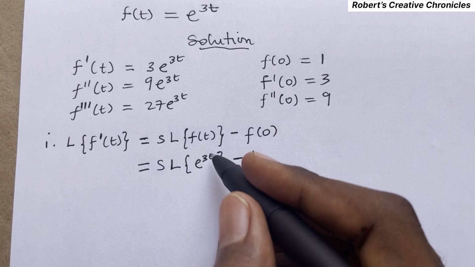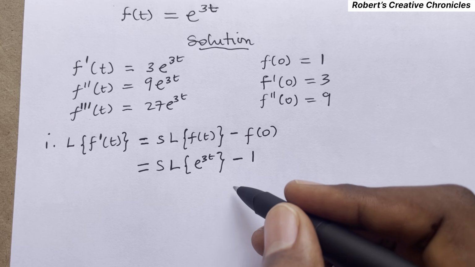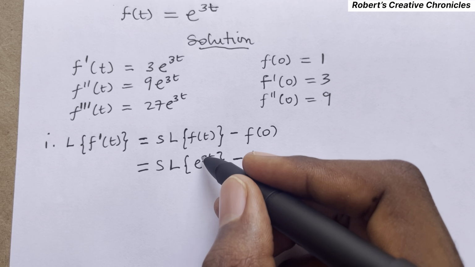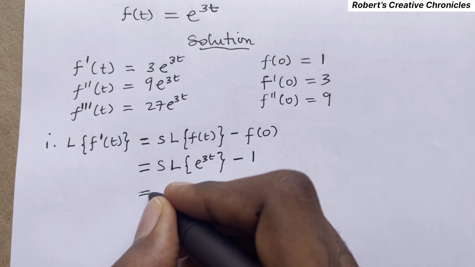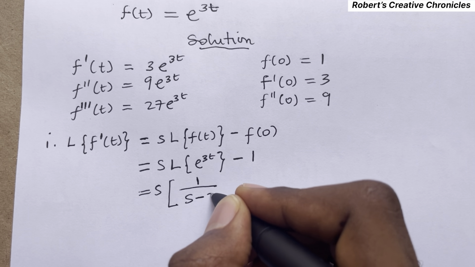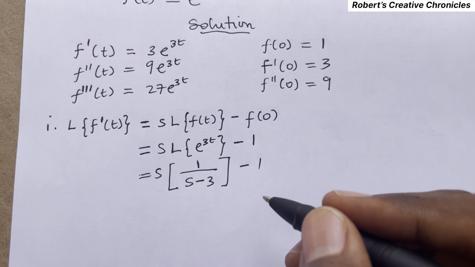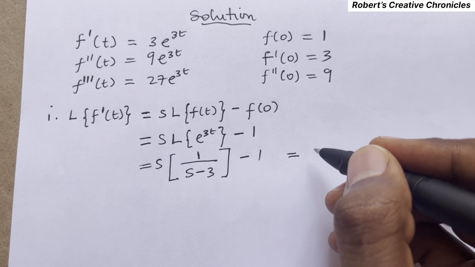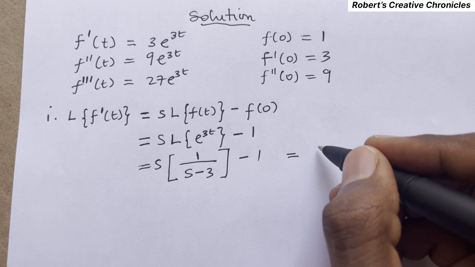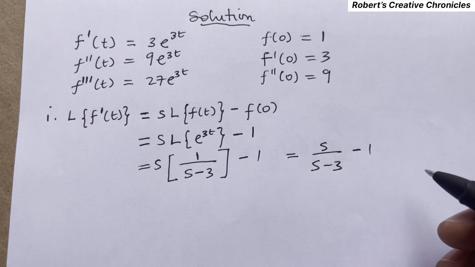Now, what is the Laplace transform of e^(3t)? It is 1 over s minus 3. Minus 1. So now this becomes s over s minus 3, minus 1.